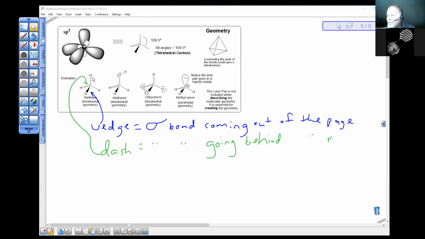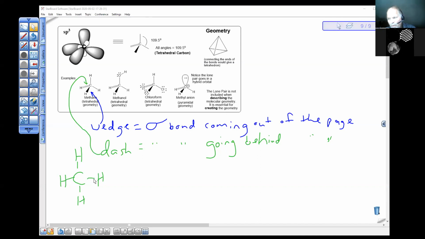Now, how do I know, just by looking at this molecule? If I gave you this molecule, even if I drew it like this, not with the proper geometry, I still expect you to know it's sp3 hybridized from the carbon's perspective. How do you know? It's quite easy. You count up the number of sigma bonds.